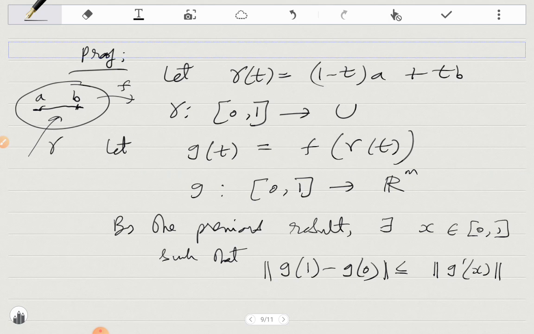And let g of t be this thing, f of gamma t. So f is going from this open set into R^m, and gamma is from [0, 1] into this open set.